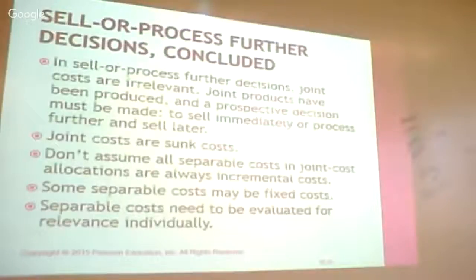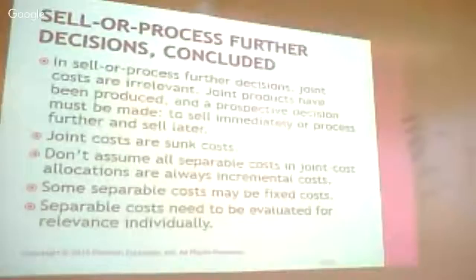In a sell or process further decision, joint costs are irrelevant. Why are they irrelevant here? Why would joint costs not matter? They've already been allocated. Because they've already been allocated.